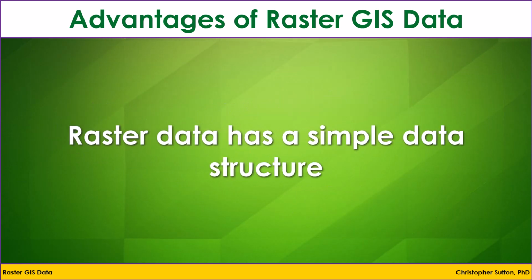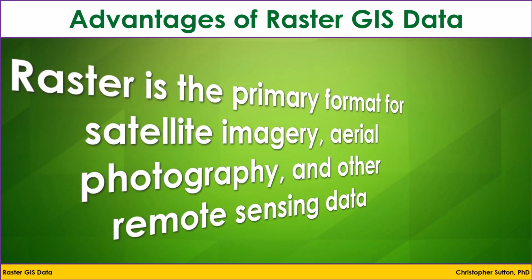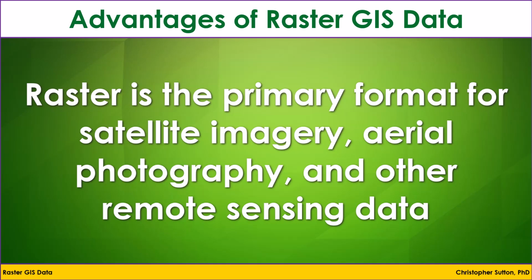Raster data has a simple data structure. The grid-based format of raster data is straightforward to process and analyze using mathematical and statistical operations. Raster data is the primary format for satellite imagery, aerial photography, and other remote sensing data. It allows for easy integration of multispectral and hyperspectral data for analysis.